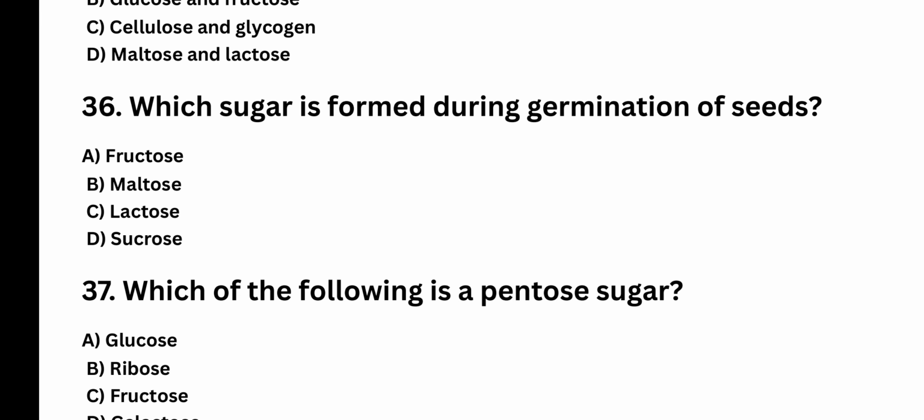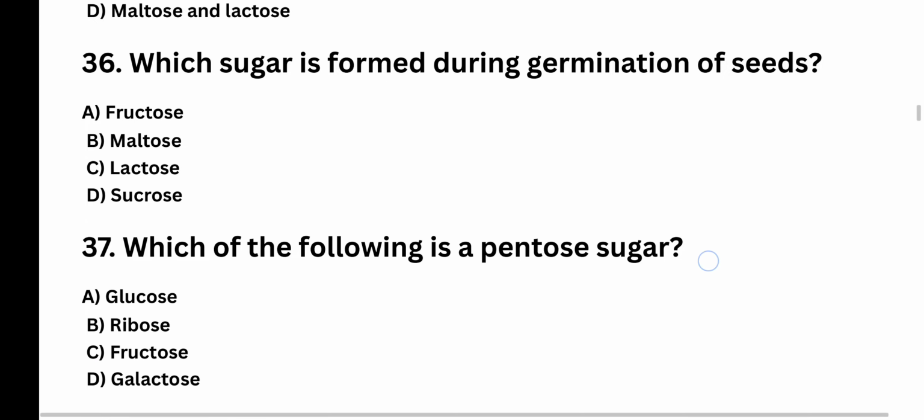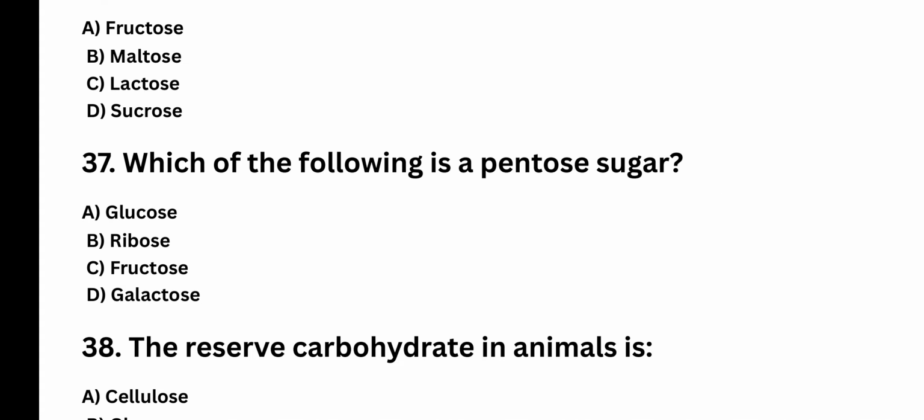36. Which sugar is formed during germination of seeds? Options are fructose, maltose, lactose and sucrose. The right answer is option B, maltose. 37. Which of the following is a pentose sugar? Options are glucose, ribose, fructose and galactose.